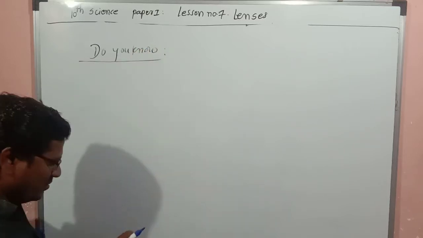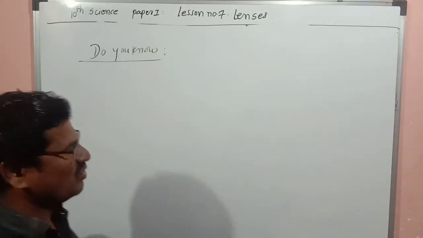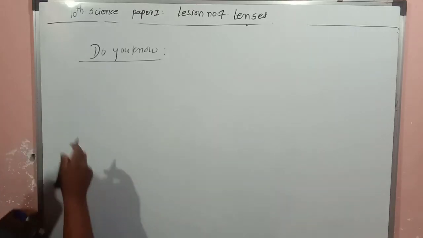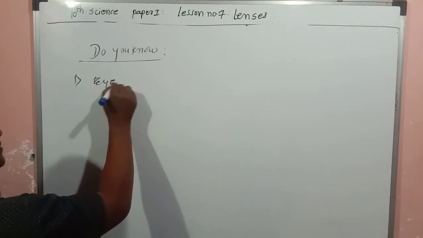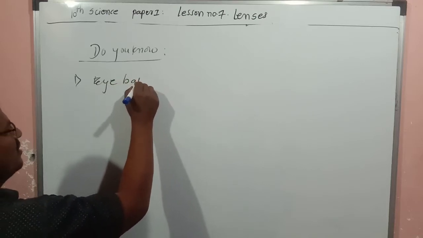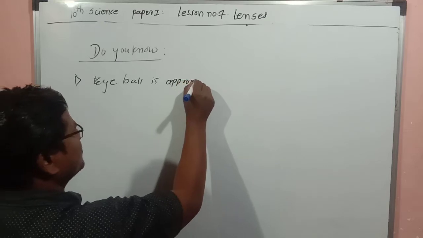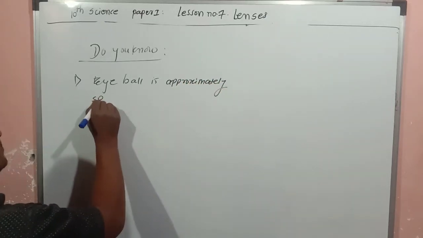So what is given? The first thing is the size of the eyeball. What type of eyeball is it? The eyeball is approximately spherical in shape.